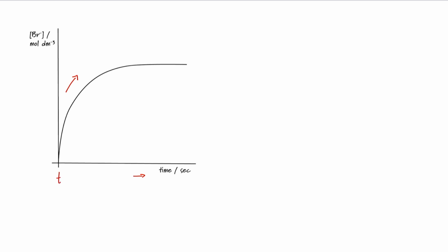Now, if we take the time at which t equals 0 and we were to, again, draw a tangent, figure out the slope or the gradient of that line, in this case it's a positive, so it's simply dy over dx, the change in the bromide ion concentration over the change in time.